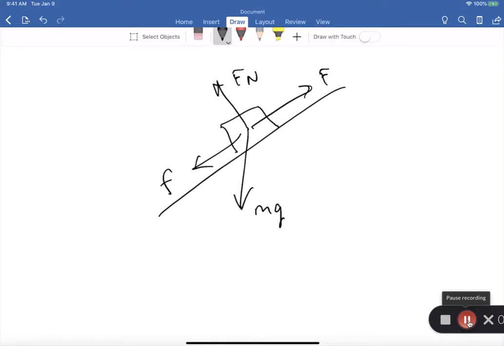Notice that in drawing this diagram, you're really pretending that the object is a single point mass which is located somewhere near the center of the object, and all the forces are directly acting on that single point mass. However, in reality, we know that that's not true. The gravitational force, for example, acts on every atom and molecule inside the object.